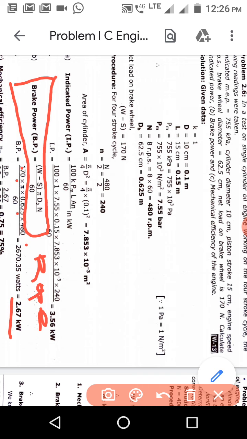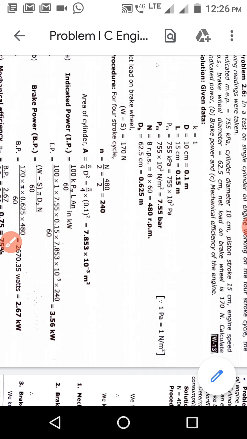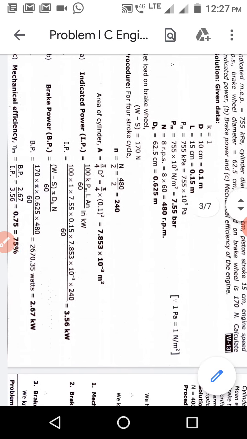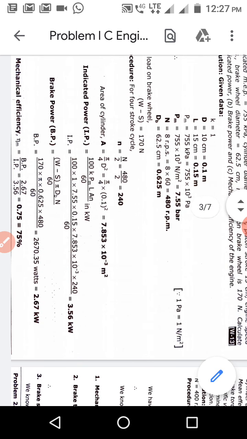So now we have already calculated indicated power and brake power. Indicated power is 3.56 kilowatt and brake power is equal to 2.67 kilowatt. With the help of brake power and indicated power we can calculate the mechanical efficiency, as the mechanical efficiency is the ratio of brake power and indicated power.